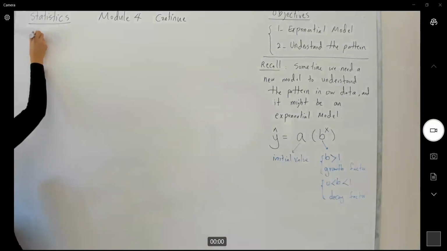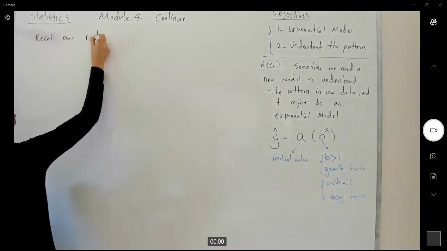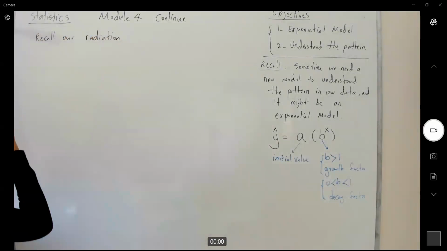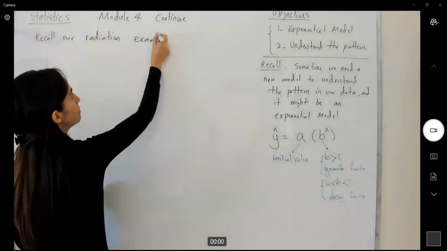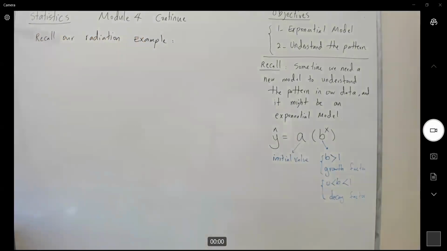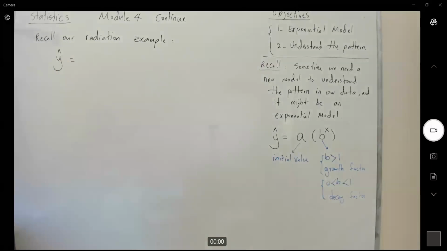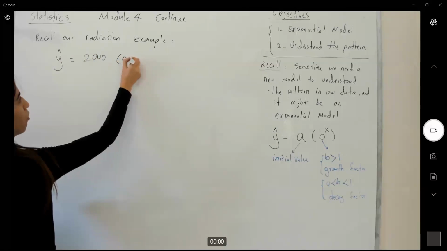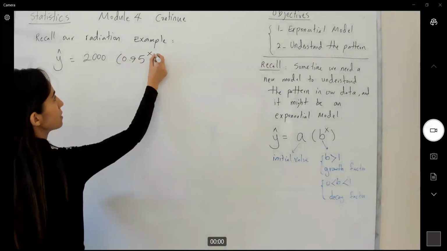Again, recall our radiation example. After an explosion, we had some radiation. The exponential model that we had was the following: y hat was equal to 200 times 0.95 to the x.